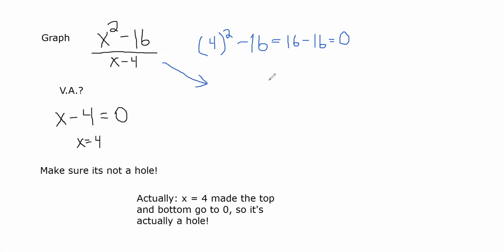Let's try factoring that numerator. We have x squared plus 0x minus 16. So technically we have x squared plus 0x, and I only write that to help us factor it. Or you can see it's a difference of squares.